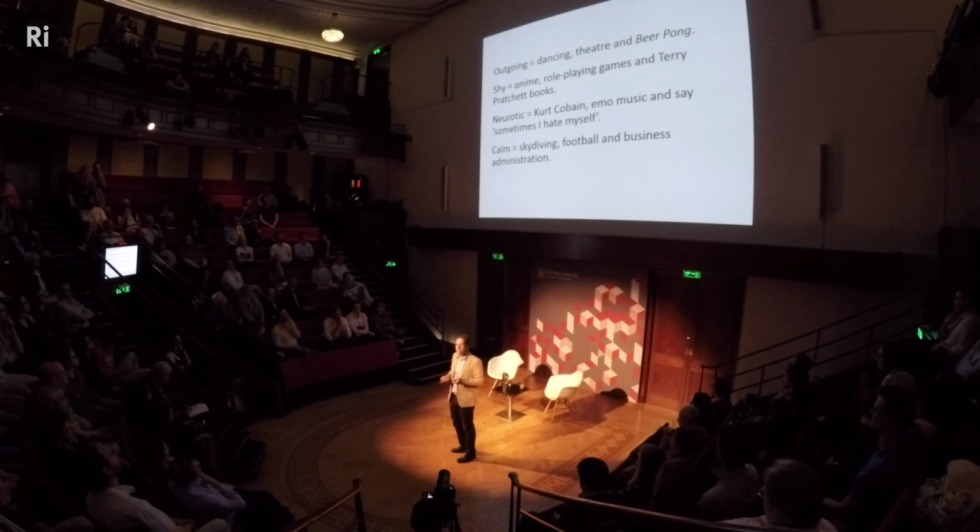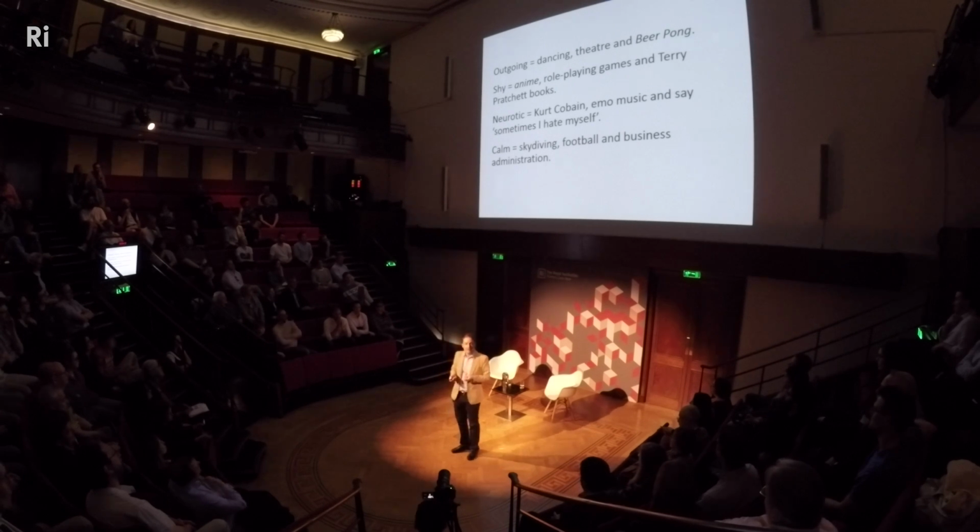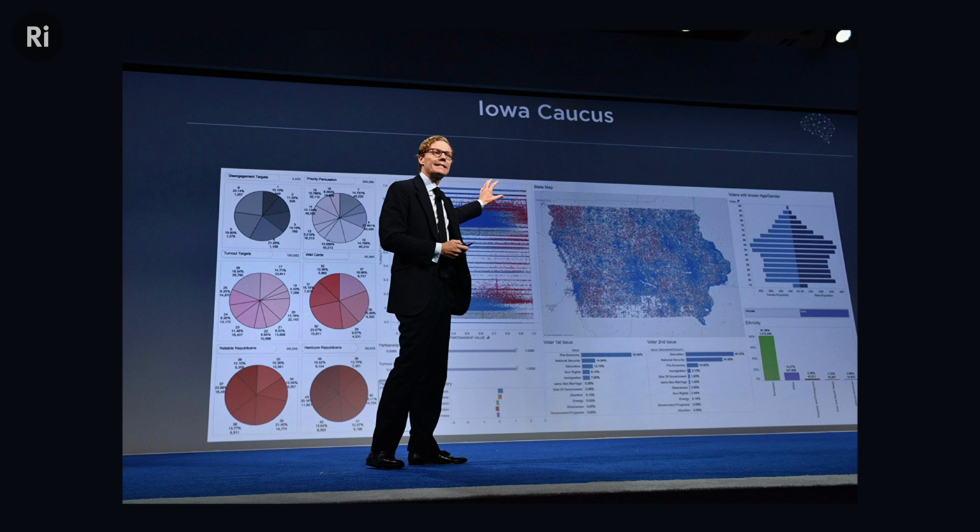Now, this work by Michal Kosinski, it caught the attention of the following person. This is Alexander Nix, and he was, until recently, CEO of a company called Cambridge Analytica, which probably a lot of people have heard of, or it's very hard not to have heard of them. And he gave a presentation in 2016.